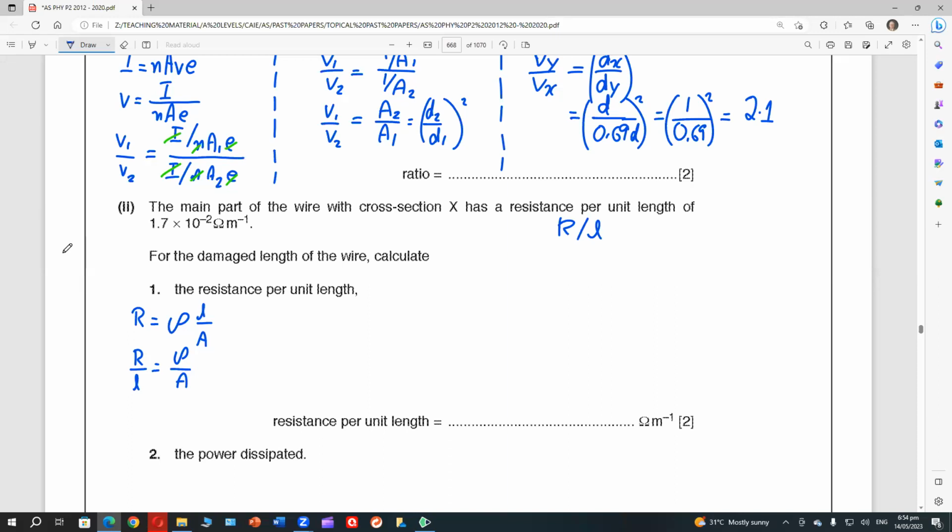So I'm getting this ratio R upon L is equal to rho upon A, as the material is the same. The rho will be the same.